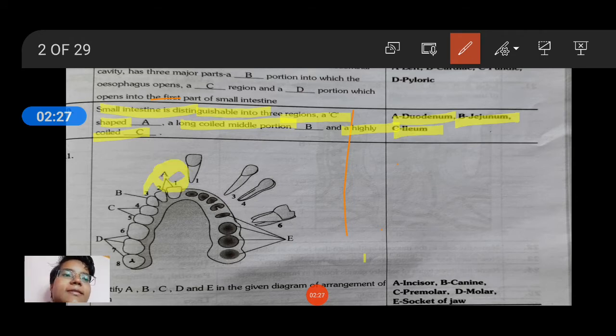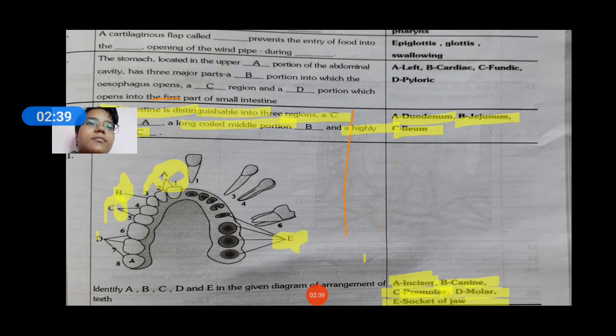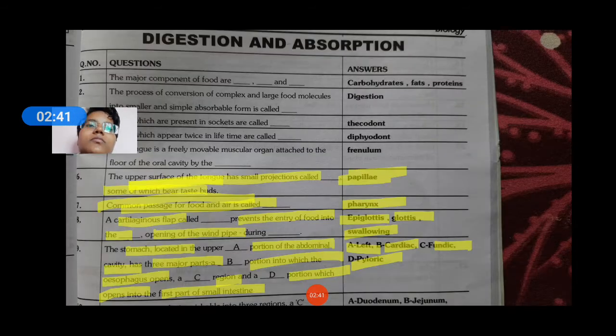Here A is incisor, B is canine, C is premolar and D is molar, and E is the socket of the jaw.